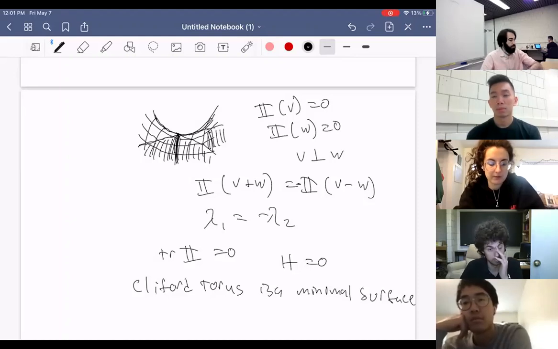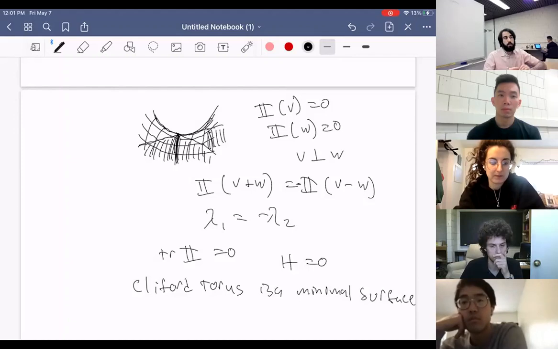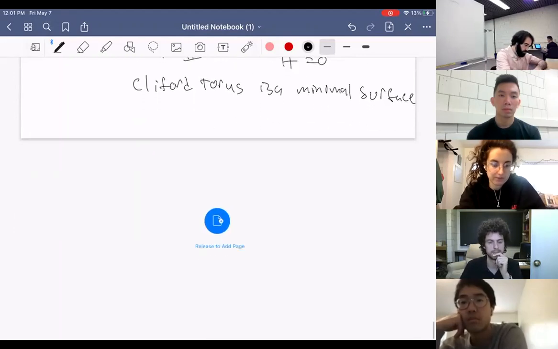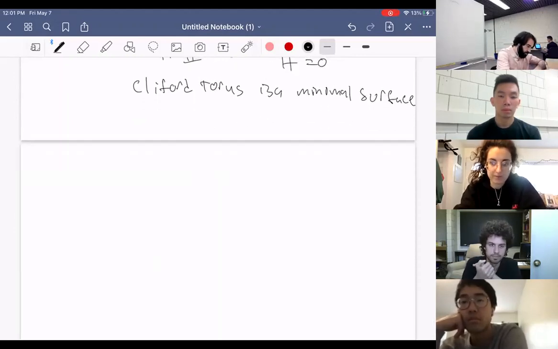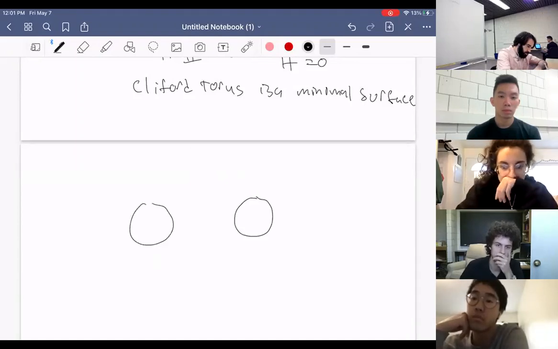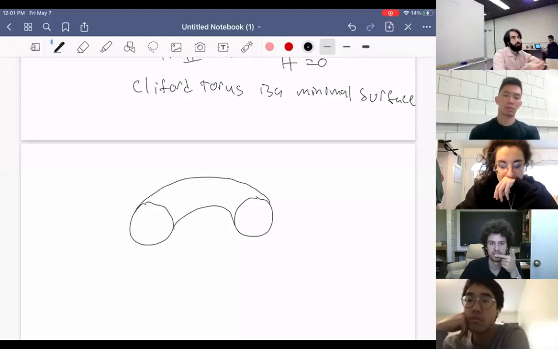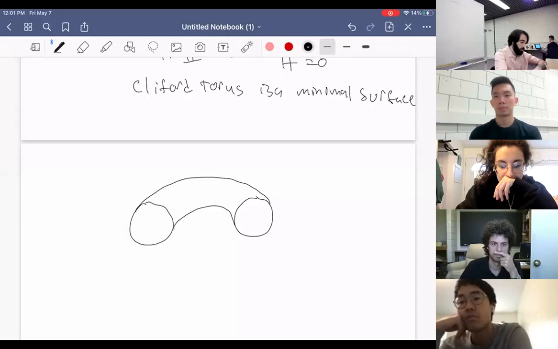I know that a lot of examples of minimal surfaces are basically you take existing minimal surfaces like the Clifford torus. Let me just draw that again. And then you take a second Clifford torus, or I mean, neither of them are the Clifford torus. They're both slightly perturbed from the Clifford torus.